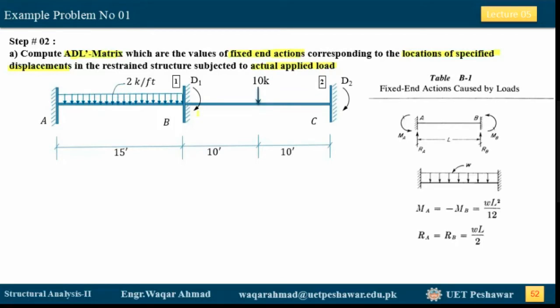Okay, so now let's do this. In step A, we are going to find the values of A real, which are coming from this 2 kip per foot and this 10 kip load. I will be calling the values of the A real matrix the A real dash values.